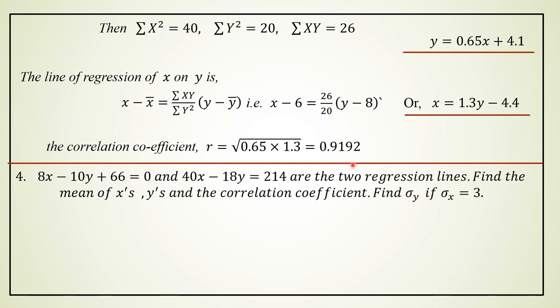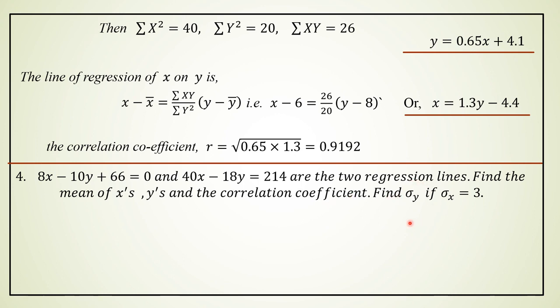Next problem, 8x minus 10y plus 66 is equal to 0 and 40x minus 18y is equal to 214 are the two regression lines. Find mean of x, y and the correlation coefficient.